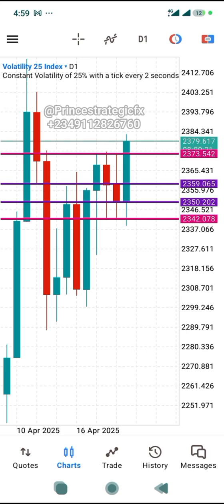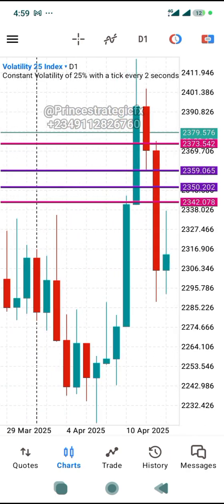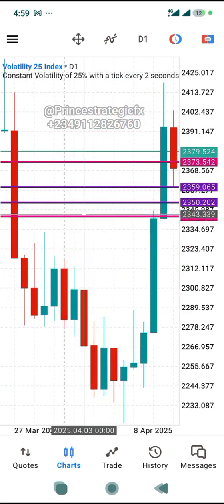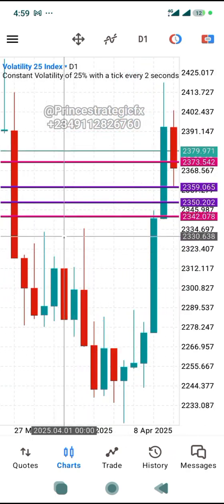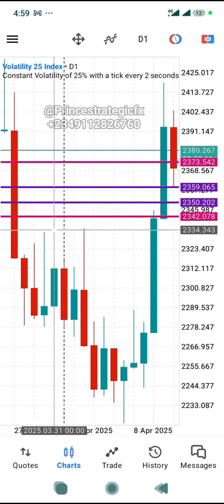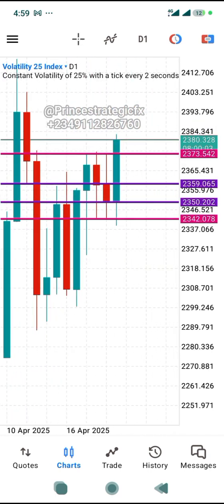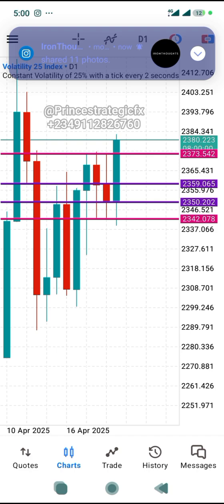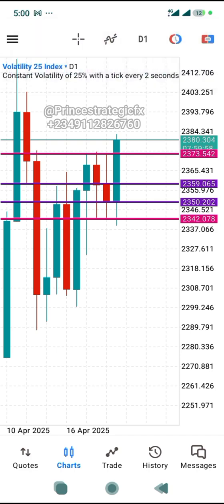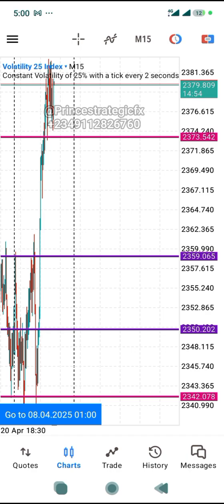Now we have something like this on our chart. Simple. The next step is activating our separator, which will help us spot when the market opens for the day and closes, right? And remember, we are waking up by 1 a.m. or 2 a.m.